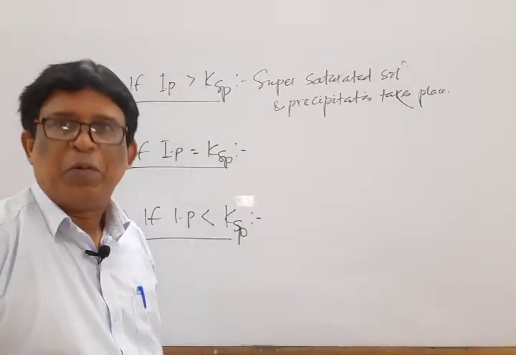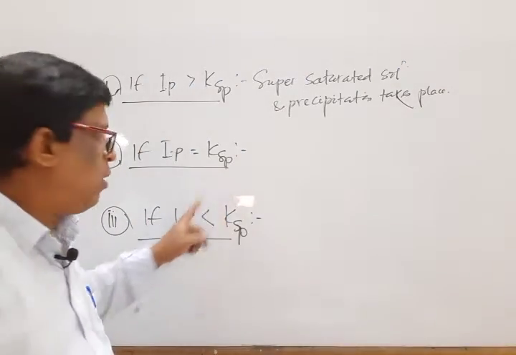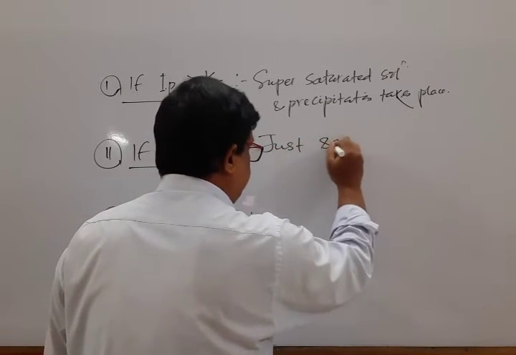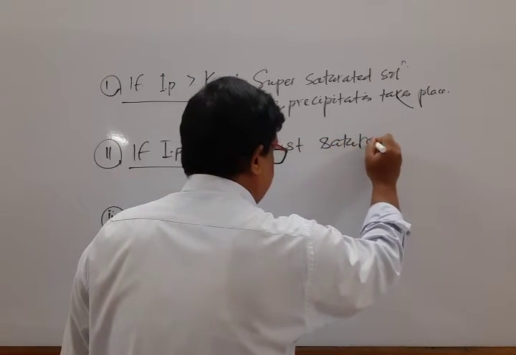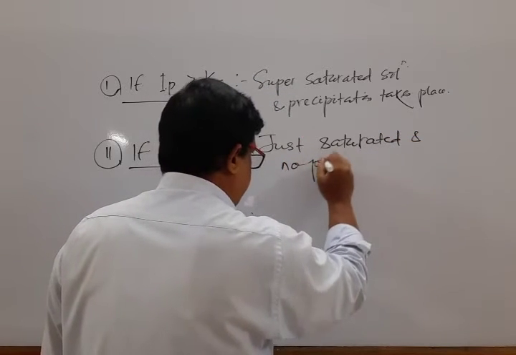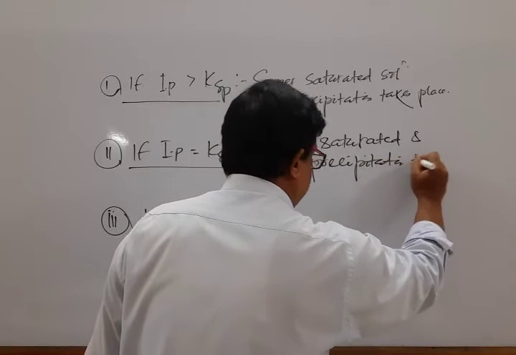Okay. Move to point 2. If ionic product is equal to its solubility product, then the solution is just saturated and no precipitation takes place.